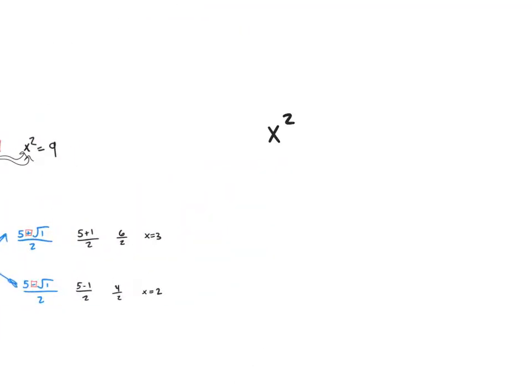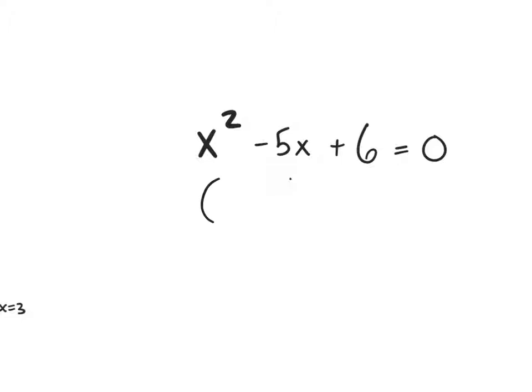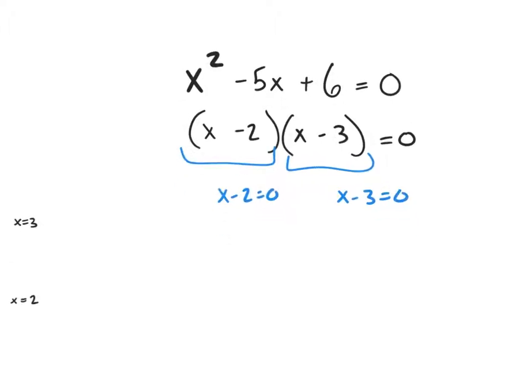Now, with this, anytime our answer is a whole number or a fraction, that actually means we could have solved this same equation. So I'm just going to write the same equation over again. It means we could have solved it with factoring as well. Right, this one being the easy type would factor to x minus 2, x minus 3. And then using the zero product property, we would get this.